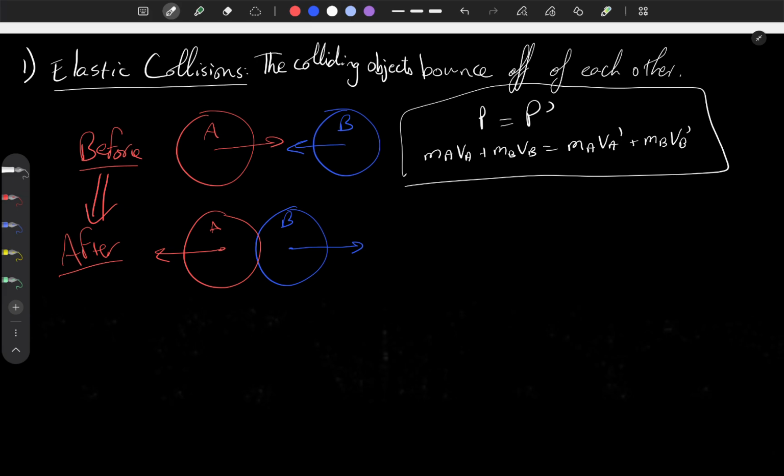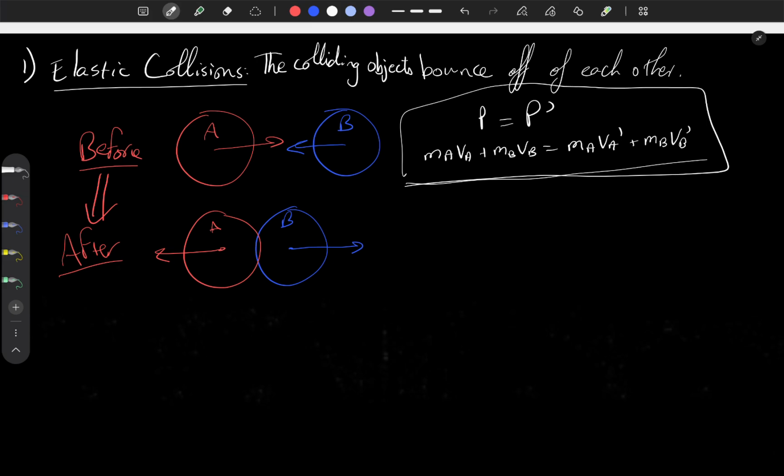But this will not be sufficient to solve the exercise if we are only given information before the collision happens. We need another formula. So we will be using this one, but we need something else. We need a new formula, a new given that allows us to solve this problem.